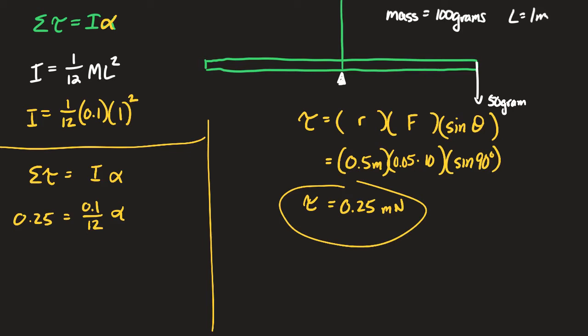If we want our answer, we just solve for alpha, which will be 12 divided by 0.1 times 0.25. I'm sorry, not 2.5, 0.25. Thank you for not correcting me. I didn't want to be corrected today. There. I'm pretty sure this is 30 radians per second squared. Pretty sure.